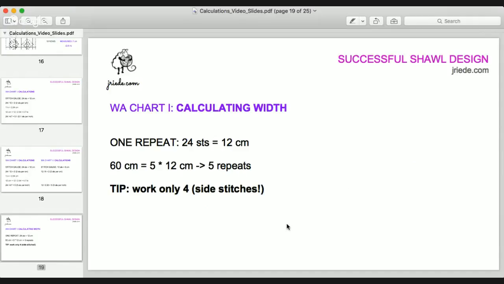So a repeat consisting of 24 stitches in chart 1 equals 12 centimeters. So we would like to knit a stole which is 60 centimeters in total. And so we just calculate how many repeats fit in 60 centimeters. And in this case, it's 5 repeats.